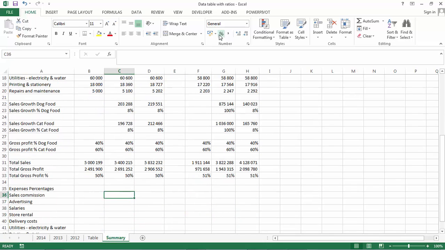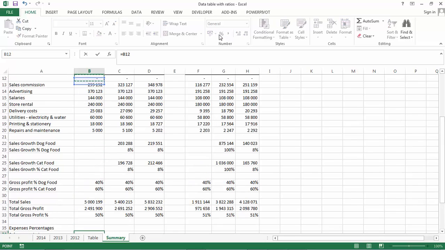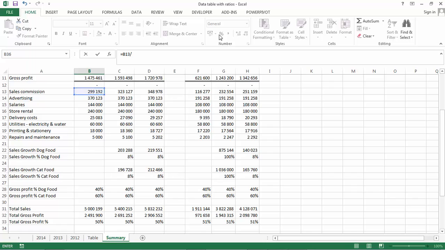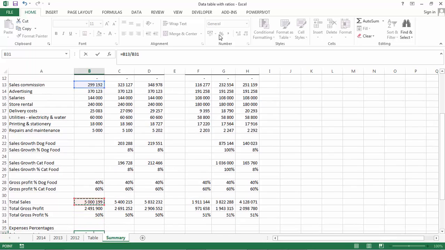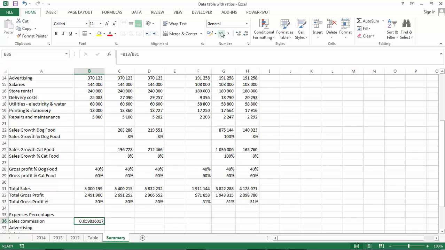Okay, expense percentages. These are very useful to work out our variable ratios. So what we're going to do is we're going to take sales commission divided by total sales. So there you see now what is useful to get our total sales percentage. So I'm going to lock the reference to, and I press F4 to do this, and then I press it until I get a dollar next to row 31.